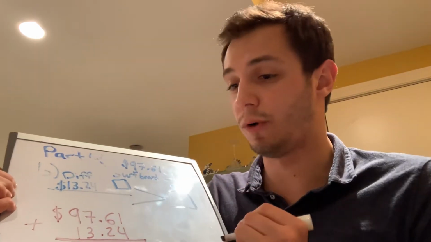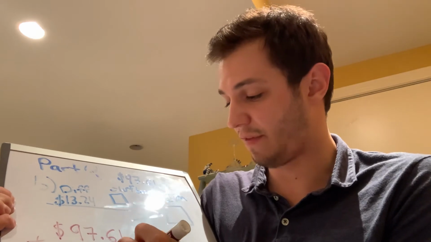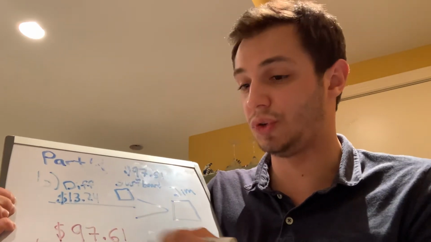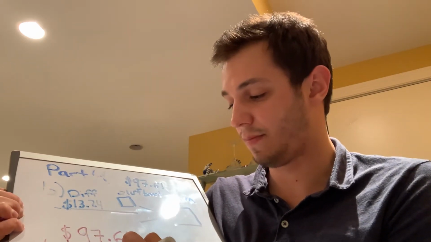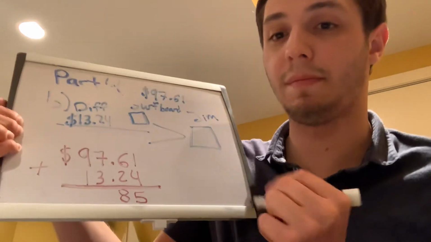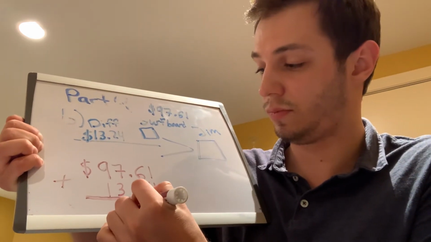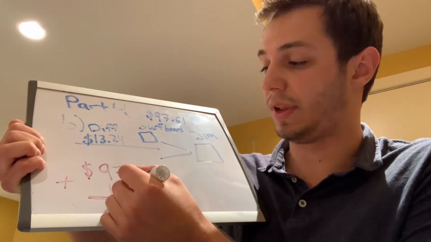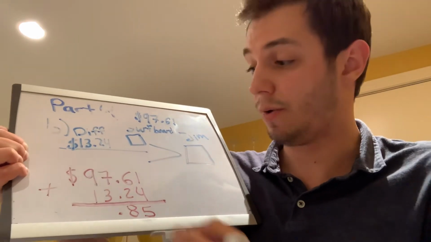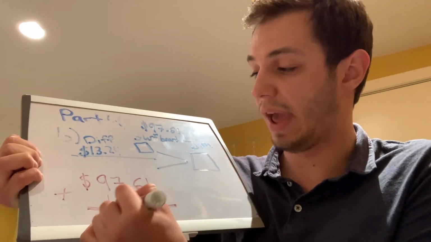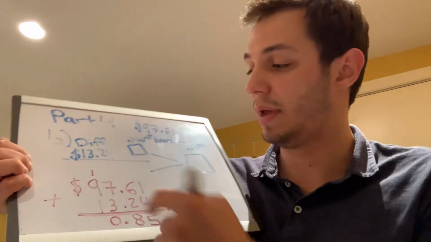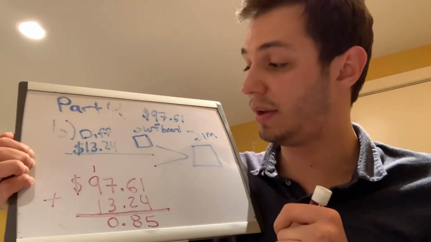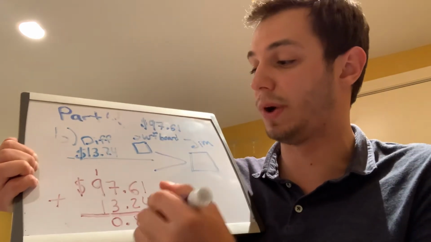So 1 plus 4 is 5. 6 plus 2 is 8. Line up my decimal. 3 plus 7 is 10, but I'm going to write my 0 and carry the 1. 9 plus 1 gives me 10, plus the other one is 11.